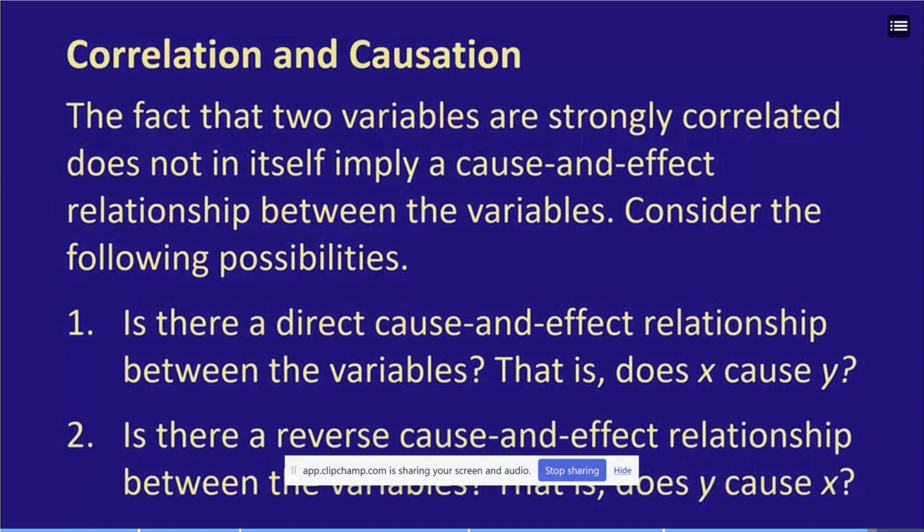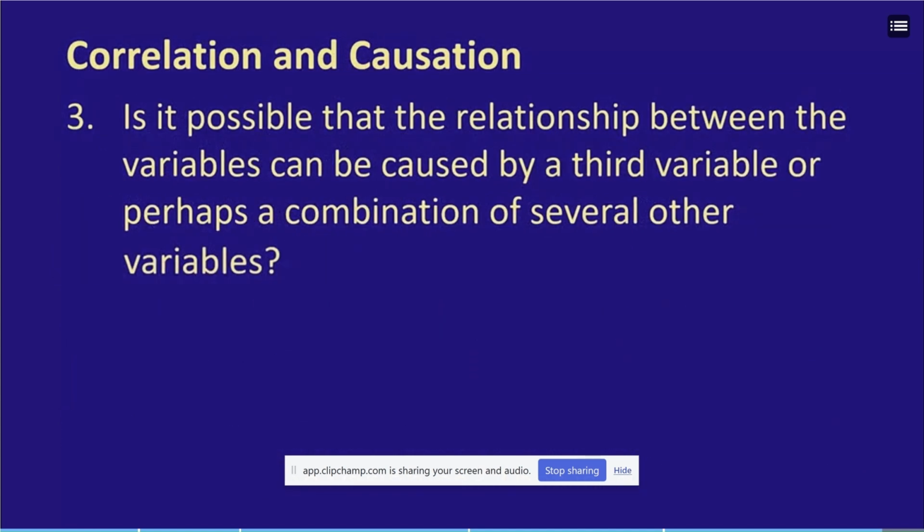Second, is there a reverse cause and effect relationship between the variables? That is, does Y cause X? That would also result in a strong correlation. We need to consider the possibility that Y, in fact, causes X. Third, is the relationship caused by a third variable, or perhaps a combination of several other variables? Again, just because X and Y are correlated doesn't mean there's a causation.